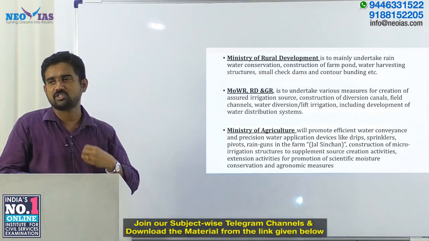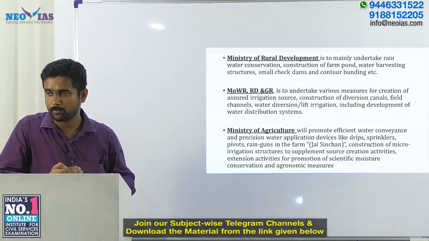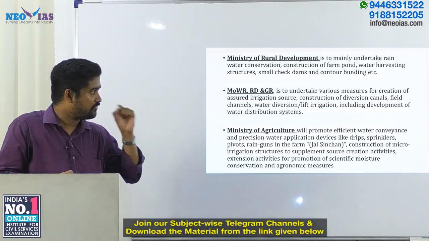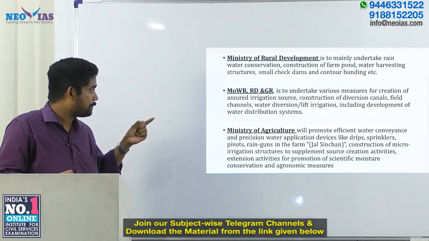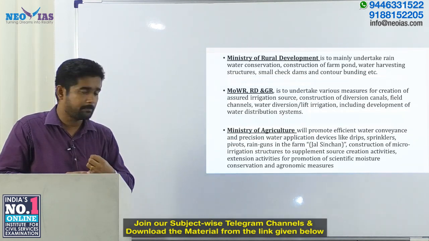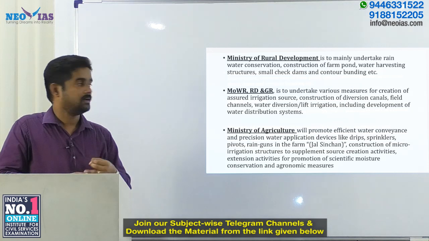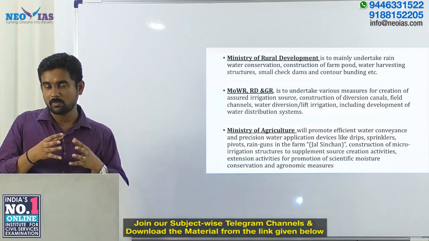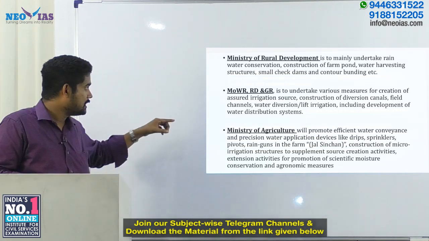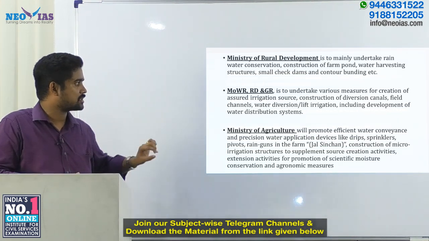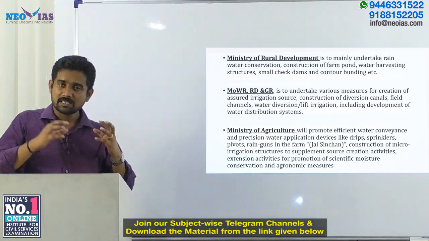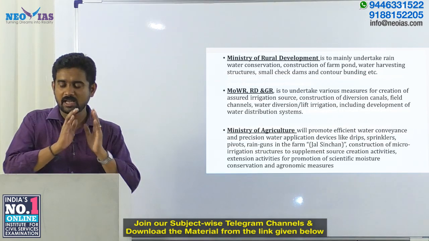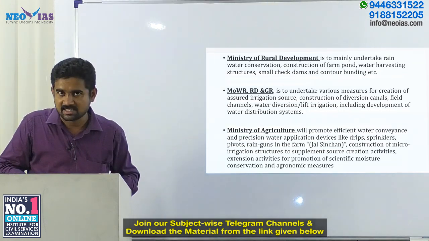Field channels, water diversion etc. is something this ministry is planning to act upon, whereas the Ministry of Agriculture will promote efficient water conveyance and precision water application devices like drip, sprinklers etc. and all those technological nuances to be shared with farmers is also taken care of by the Ministry of Agriculture, along with construction of micro irrigation structures to supplement the source creation activities. So, this is a combined effort of three different ministries, is what we have to understand.